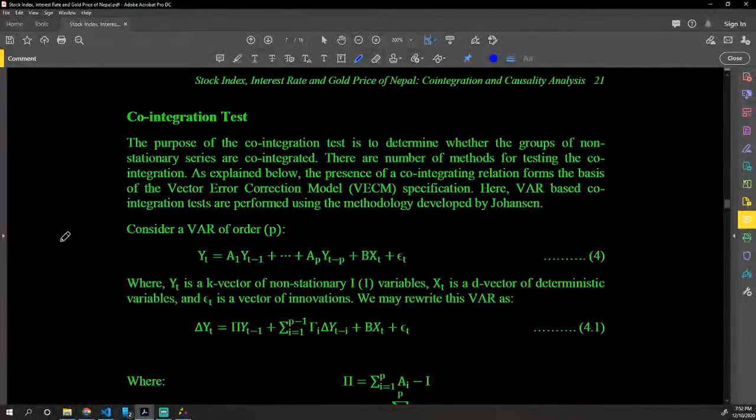So, the co-integration test. The purpose of the co-integration test is to determine whether groups of non-stationary series are co-integrated, in other words whether they move together or not. There are a number of methods for testing co-integration.